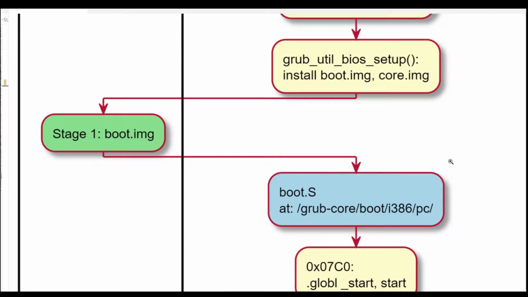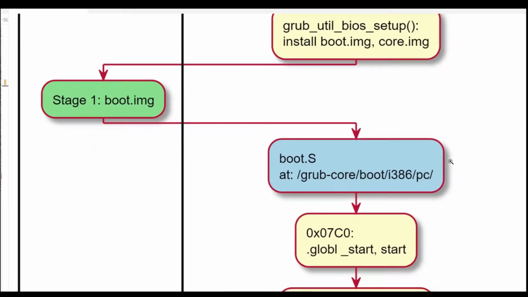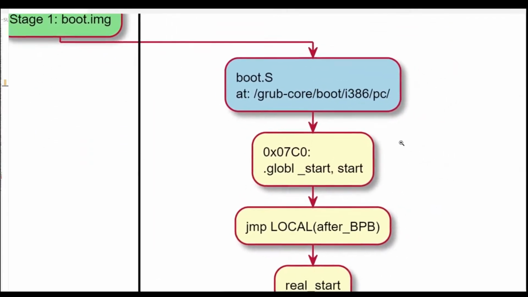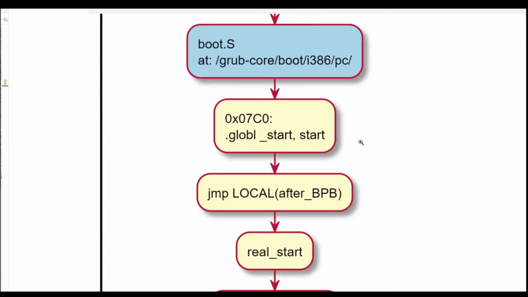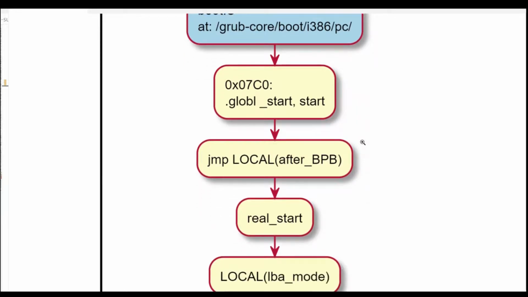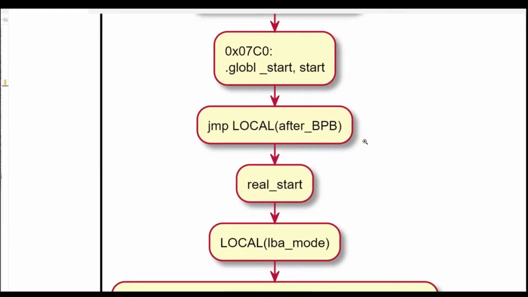grub-2 boot stage 1 starts with boot.img. Its source code is boot.S. The program is loaded by BIOS to hex 07C0 real memory address and starts from there. Jump to label real start.